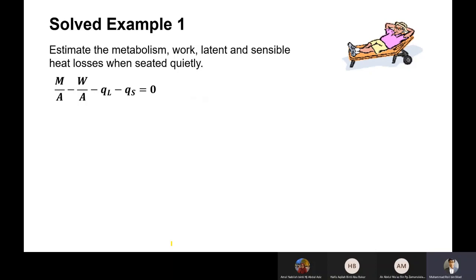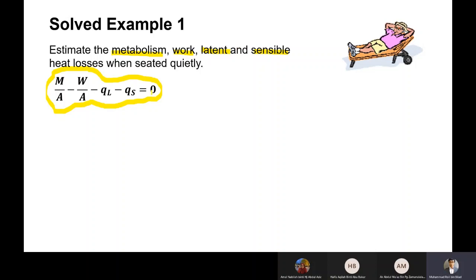First of all, estimate the metabolism. Basically here is M, work W, latent heat loss, and sensible heat loss QS, when seated quietly. So we have this equation. This is at steady state.